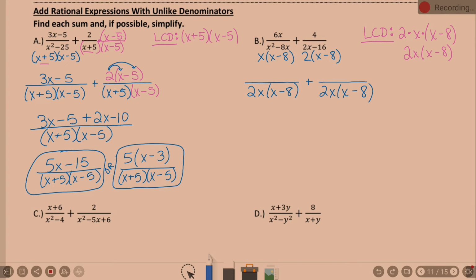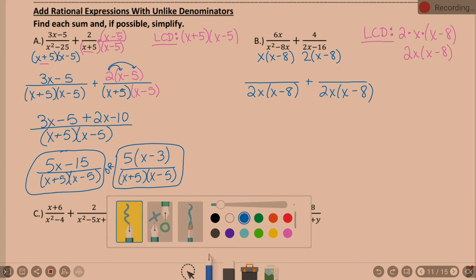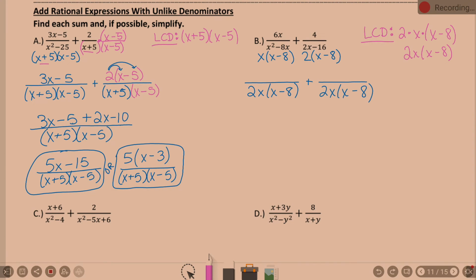With that in mind, what is my first fraction missing? My first fraction is missing the 2. So what do I have to do? Multiply by 2. So we're going to be doing 2 times 6x, or in other words, that is... Rats, I wrote it wrong. 12x.